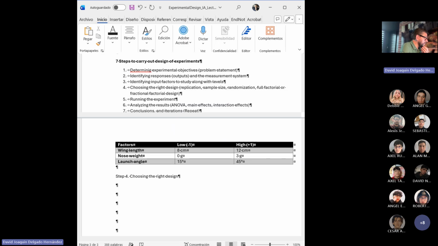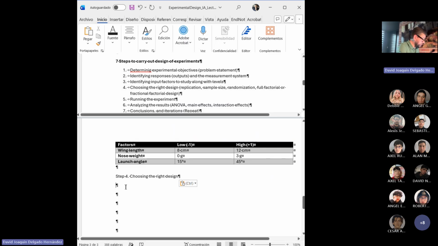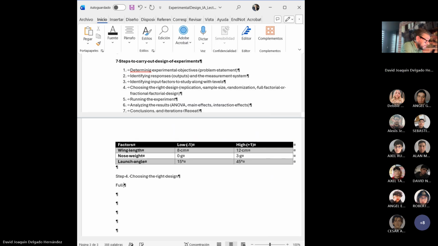Choosing the right design. Perfect. So I am going to use full factorial design with 2 replications.